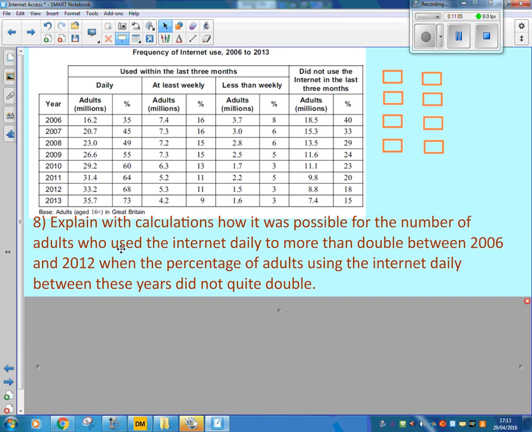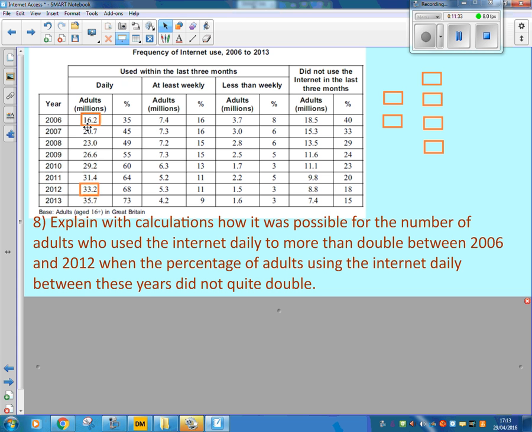Right, question 8, the last question. This is quite a tricky one. It's an explanation as to why it is that if we look at 2006 and 2012, and we look at the number of people using the internet daily, we find that between those 2 years, the number using it daily more than doubled.